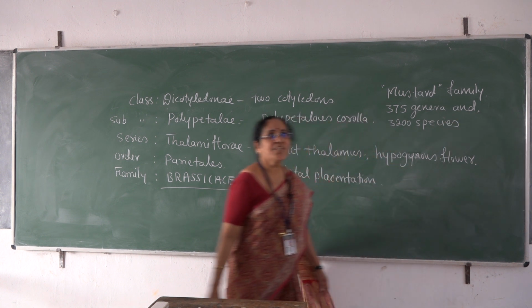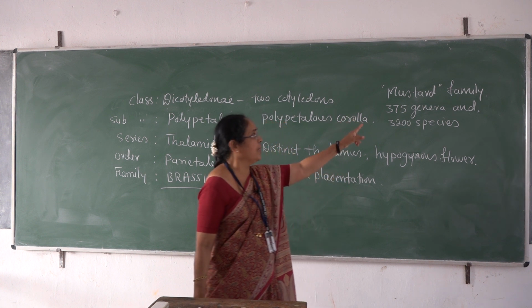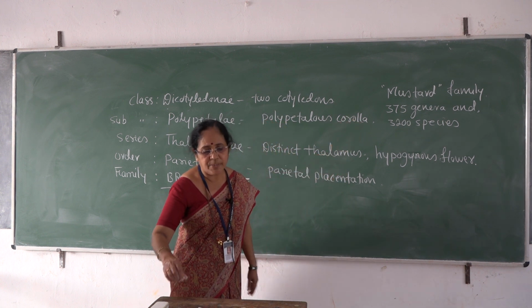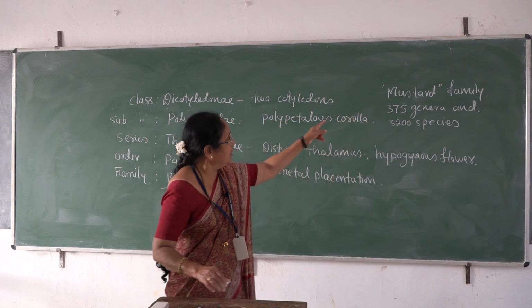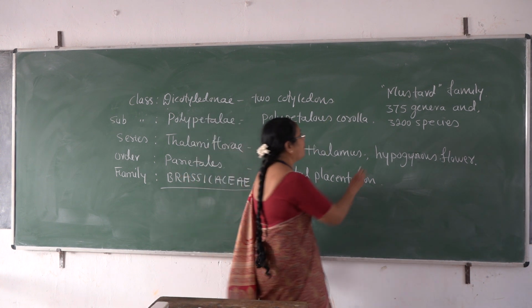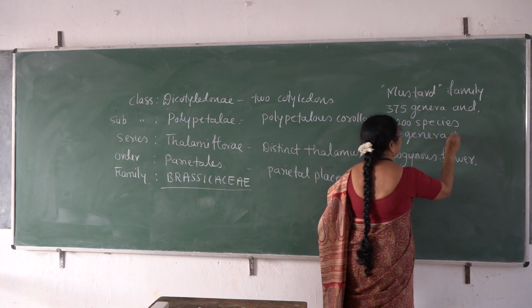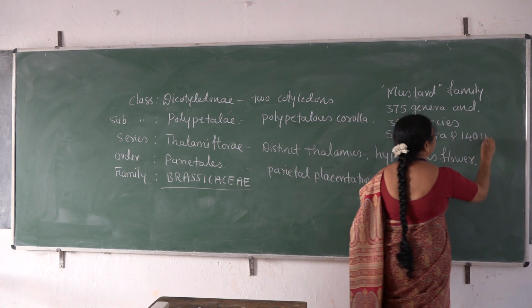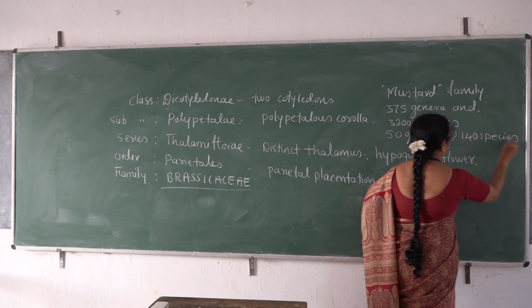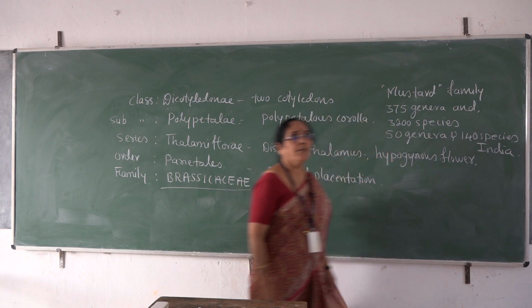Out of this number of genera and species, only 50 genera and 140 species are reported from India.